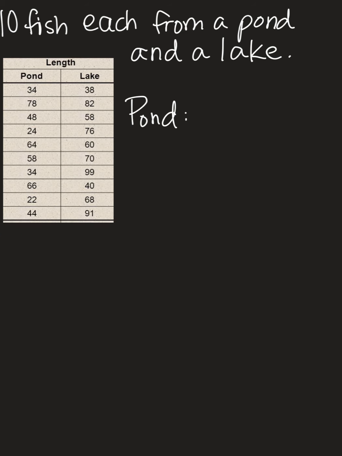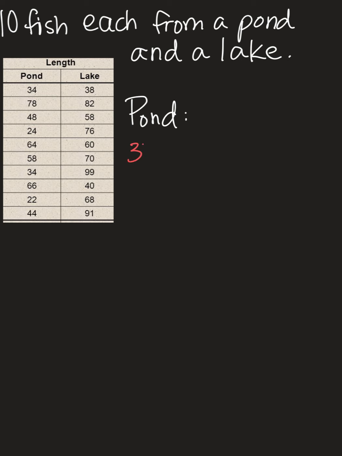Our first set of data is looking at 10 fish each that were pulled from a pond and from a lake. So, from the pond, we have these 10 fish. I am going to add all of them up. I will be using a calculator on this.